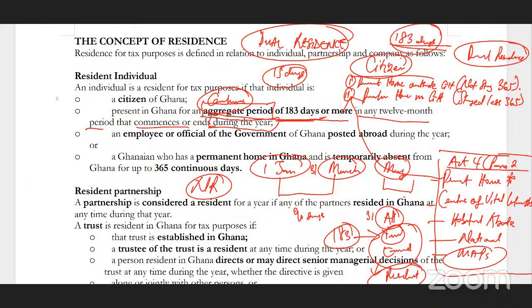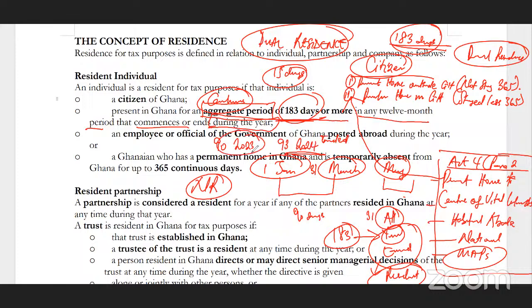So 'commences or ends during the year' means that depending on which year of assessment we want to assess you, we'll look at whether your 183 days fell into that year. You know, 183 days can span across two years. So let's say I stayed 90 days in 2023 and spent the remaining 93 days in 2024. If the tax authorities are determining your residence for 2024, it means the 183-day period ended in 2024.